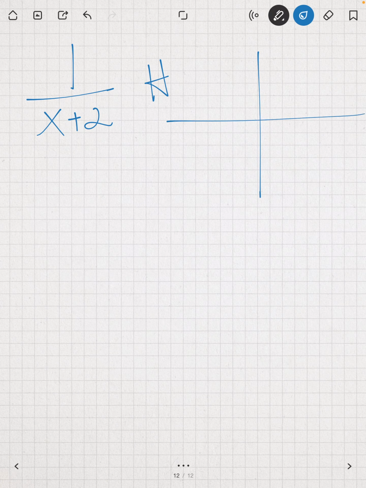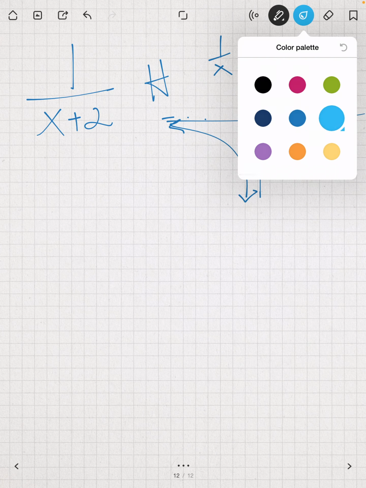So another one, 1 over (x plus 2). This one only has a horizontal shift. So if we look at it this way, our 1 over x looks something like this. Let me pick a different color.